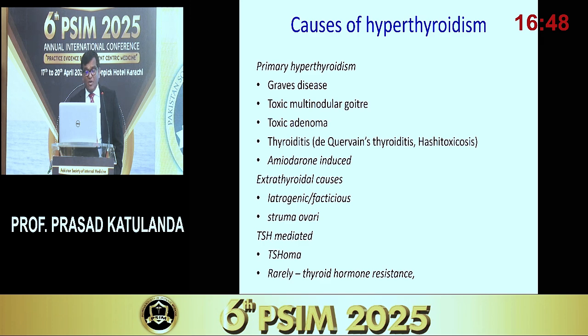Graves is still the commonest cause, followed by the nodular goiters like toxic multinodular goiter, toxic adenoma, then thyroiditis, amiodarone-induced thyroid disease. And then sometimes we see patients due to extrathyroidal causes, either iatrogenic or factitious. Struma ovarii is a very rare cause, and then the TSH-mediated causes are also rare, the TSH-secreting tumors and thyroid hormone resistance.